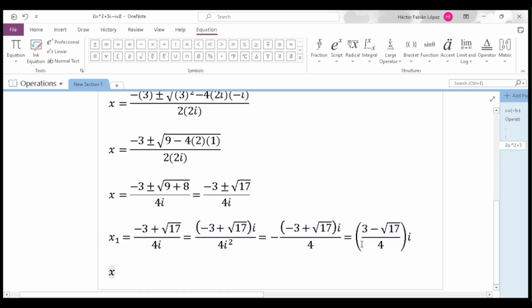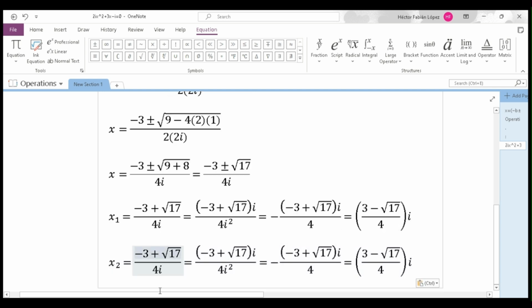We are going to do the same for the second result, x2. It's the same thing; it's only to change this sign. It's like copying this same thing. I will write it again here.